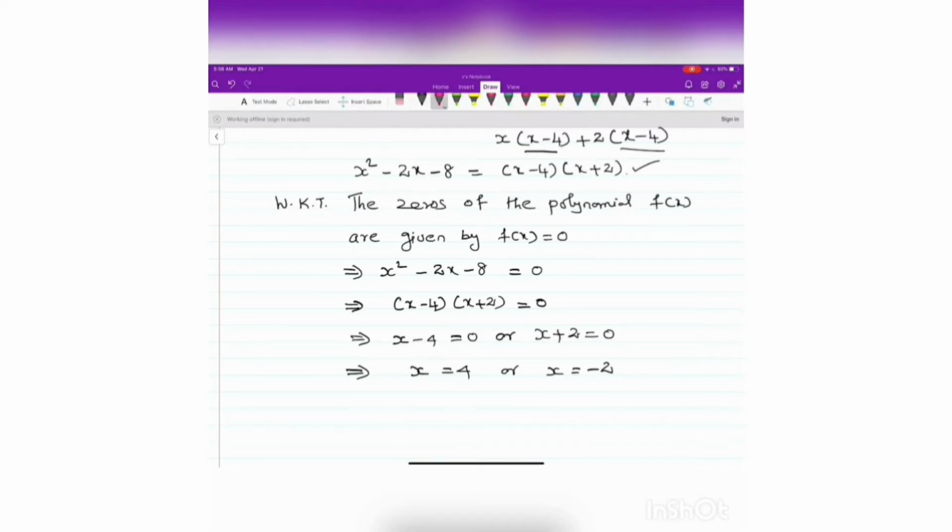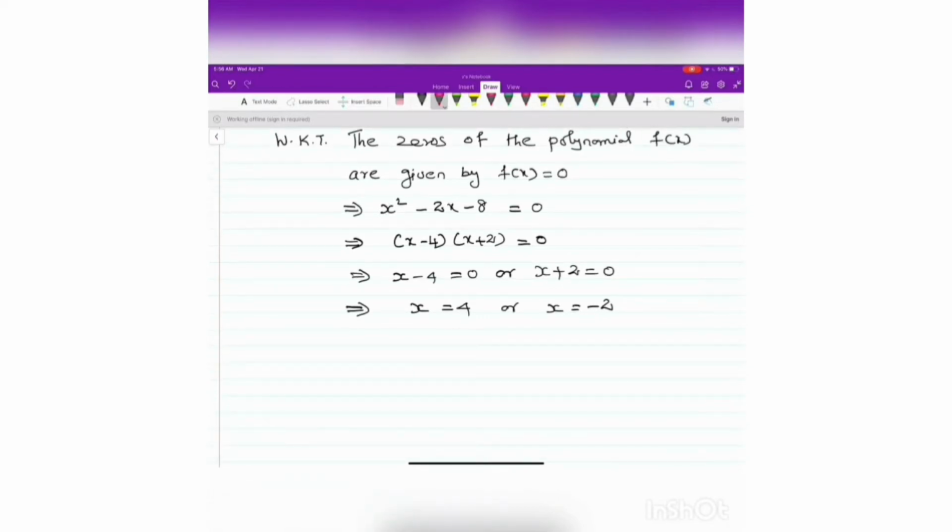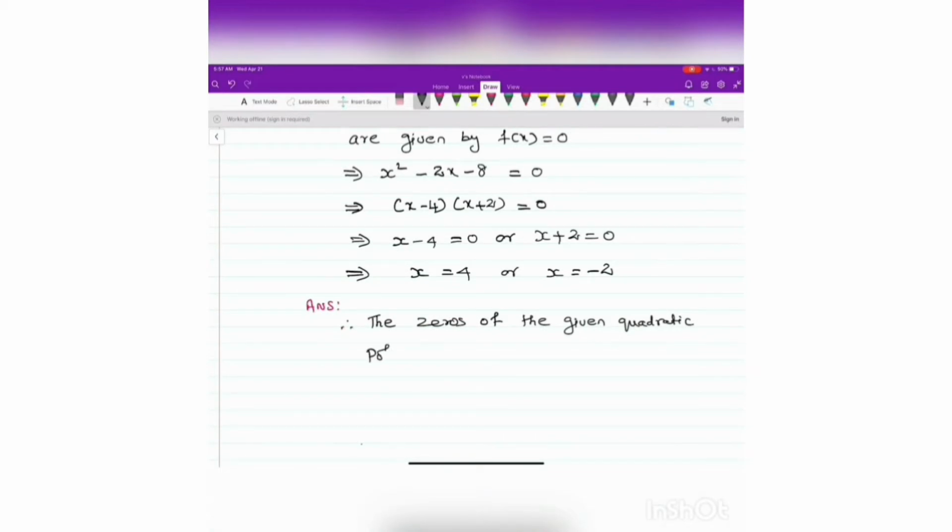So now you can write the first answer. Therefore, the zeros of the given quadratic polynomial x square minus 2x minus 8 are 4 and minus 2.